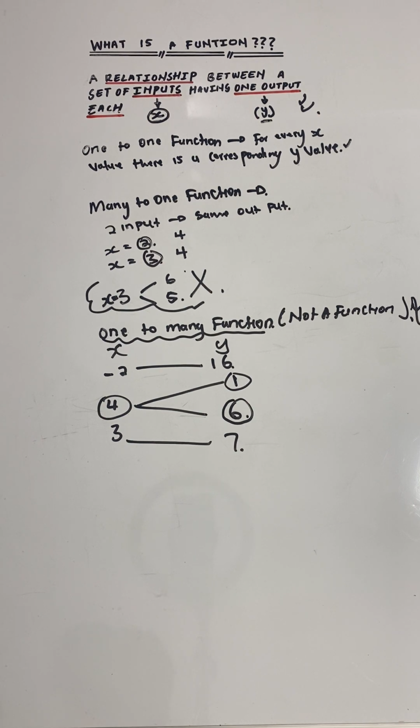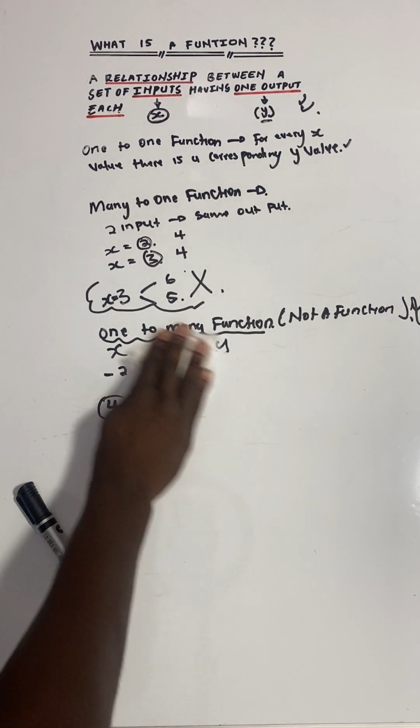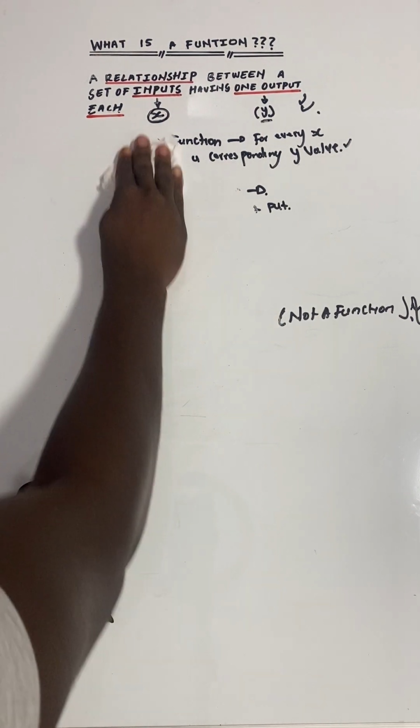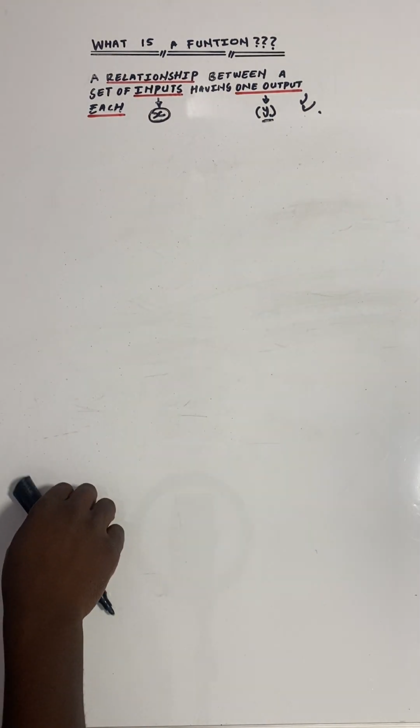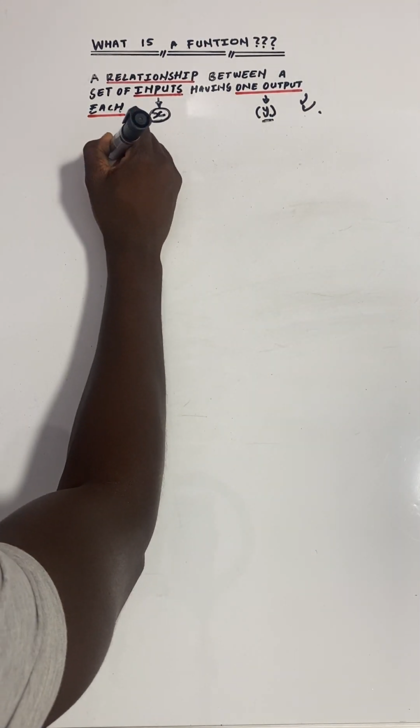Now we are going on to check on the vertical and horizontal line test. One might also ask himself again, how is it important to know the vertical and the horizontal line test? So let us quickly check it. What is the vertical line test?